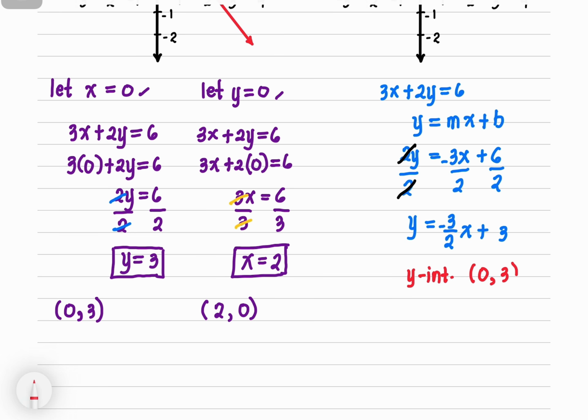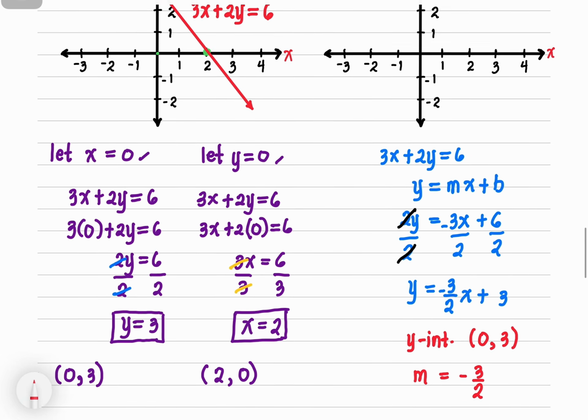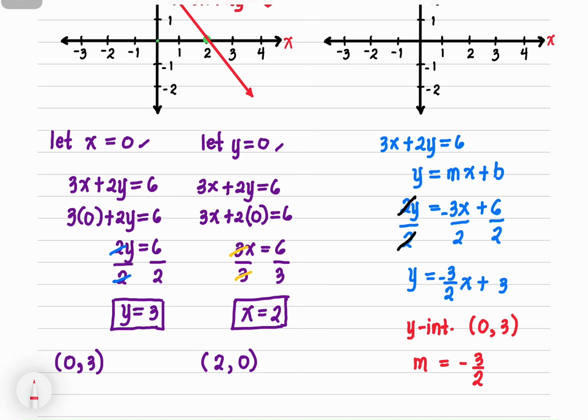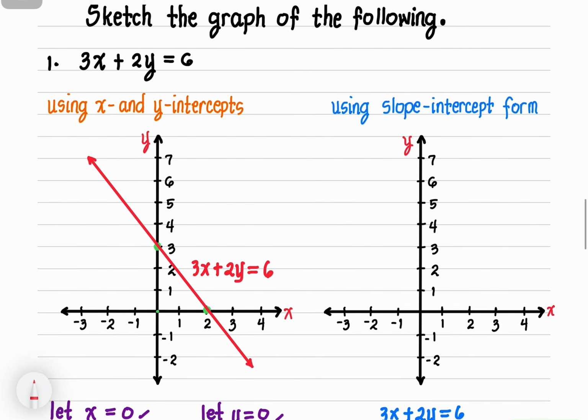Very good. Kasi positive 3 yon. Kung minus 3 yan, so 0, negative 3 dito. And then yung m natin dito, which is the slope. Ano yung m natin? Very good, negative 3 over 2. Careful tayo sa mga sign. And then, pwede na tayong graph. Okay.